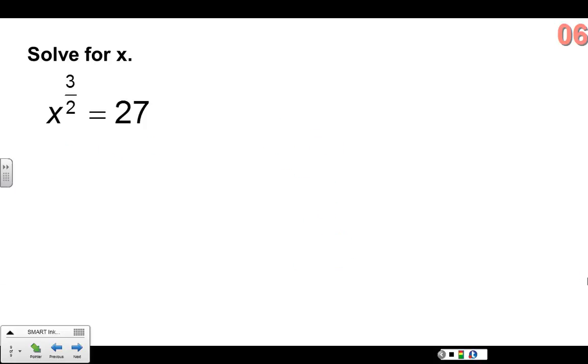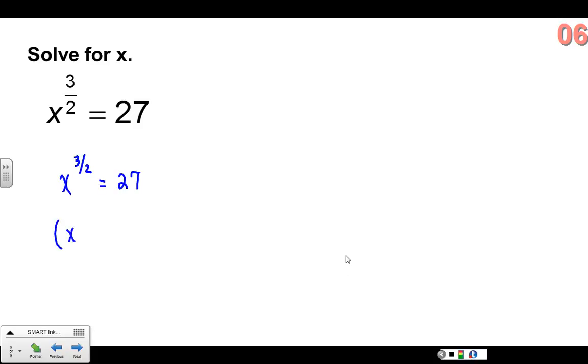One last problem. X to the 3/2 power equals 27. If I want to solve for x, what I need to do is find x to the first power. We know that we can get rid of a fraction, change a fraction to 1 by multiplying by its reciprocal. So what I need to do is raise both sides to the power of its reciprocal.